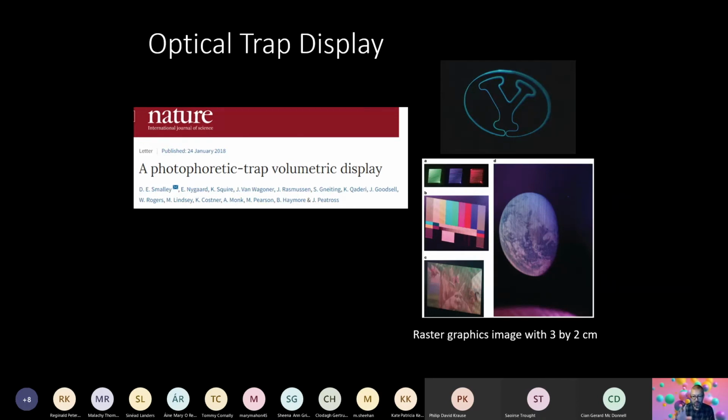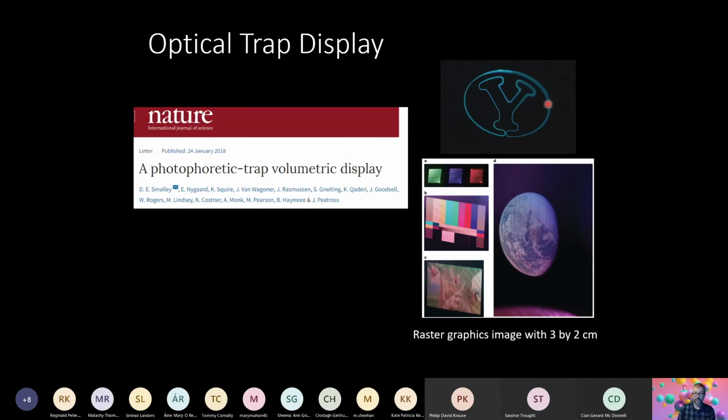And they created some beautiful graphics, as shown on the right-hand side, where they had trapped a very small particle with an optical beam, and then moved it around very fast and created these. I say very fast. The pictures at the bottom right were taking about 20 seconds to form. So not quite a true display, but making huge progress towards a true display.